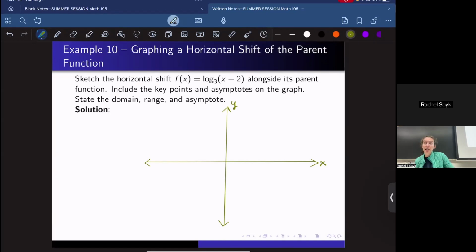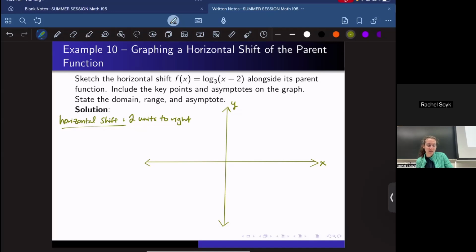Okay, what's our horizontal shift? 2 units to the right or left? Which tells us that we have a vertical asymptote or a horizontal asymptote. How many people think vertical?